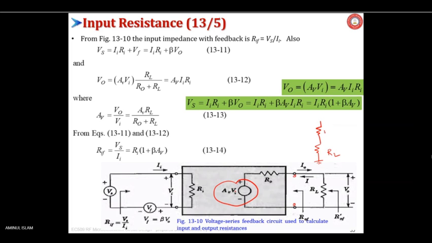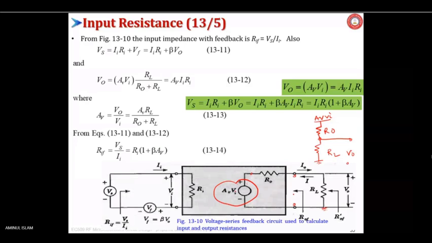And this is RO, and here AV VI is the voltage generator. I have connected this in this way. Could you understand? So the voltage developed here is nothing but the VO output node.